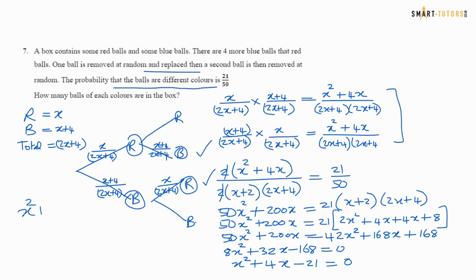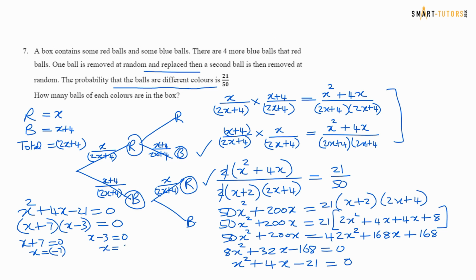x squared plus 4x minus 21 equals 0 means put them into two brackets, factorization. x plus 7, x minus 3. So x plus 7 equals 0, x equal minus 7. x minus 3 equals 0, x equal 3.